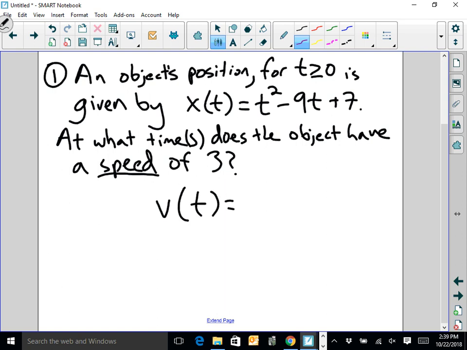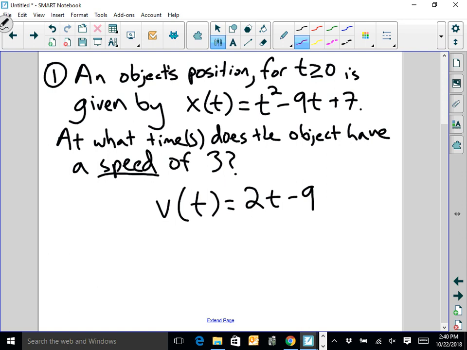So that would be simply 2t minus 9. Okay, and I want to know when this velocity equals 3 and when this velocity equals negative 3. I'm not plugging in 3 for t. That would be what's the velocity at time 3. That's not the question. The question is when does my velocity equal 3 or negative 3?